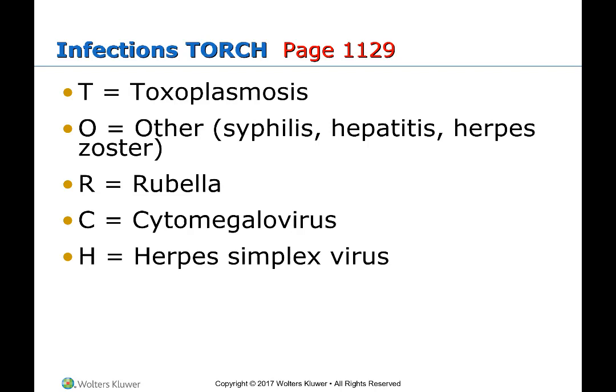This one is so serious that if a woman comes in contact with it, sometimes the woman will opt to have an abortion because it is so likely that her fetus will be affected by this, infected, affected.